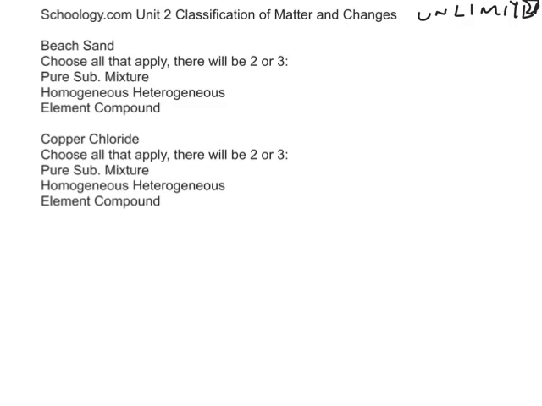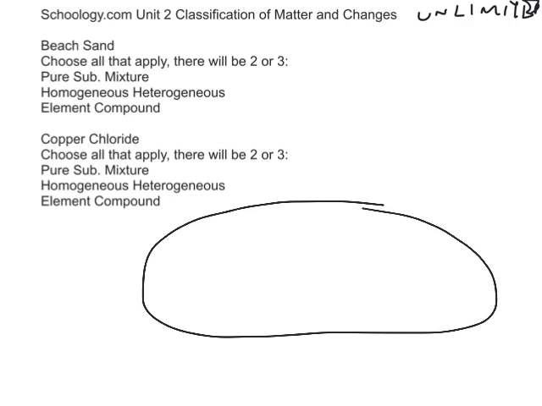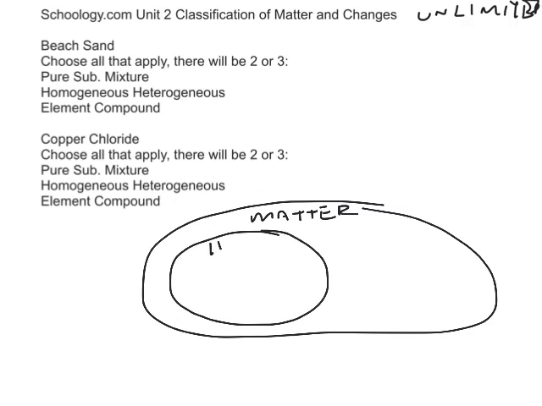So think back to that Venn diagram that we made. Let me make one down here, that really funky looking one. We had everything that was matter. And then the first 2 circles that we made is we made a circle for homogeneous, and we made a circle for heterogeneous.